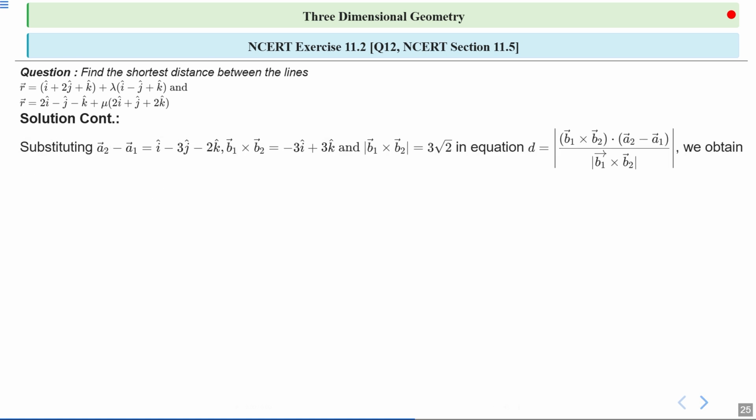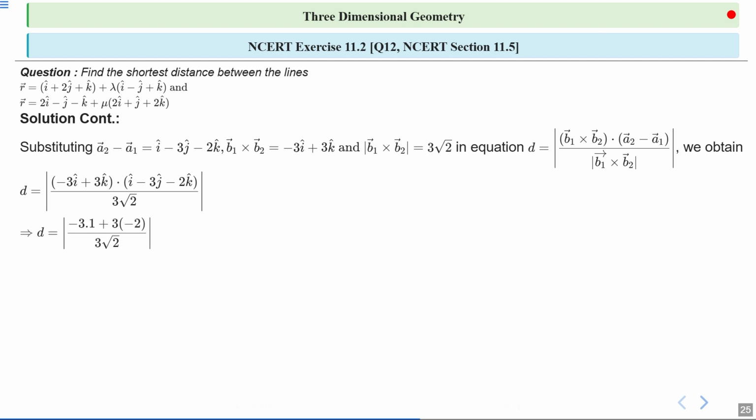Okay. Now substituting a2 vector minus a1 vector, which is i cap minus 3 j cap minus 2 k cap, b1 vector cross b2 vector, which is basically minus 3 i cap plus 3 k cap, and magnitude of b1 vector cross b2 vector, which is 3 root 2, in the equation d is equal to magnitude of b1 vector cross b2 vector dot a2 vector minus a1 vector upon magnitude of b1 vector cross b2 vector, we obtain d is equal to magnitude of minus 3 i cap plus 3 k cap dot i cap minus 3 j cap minus 2 k cap upon 3 root 2.